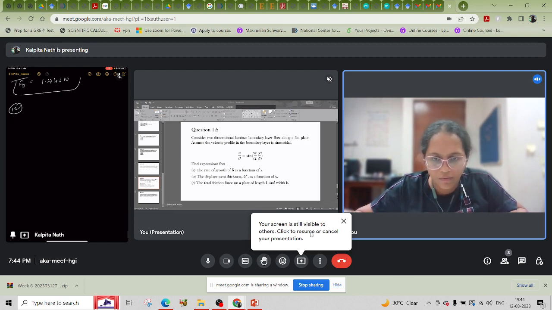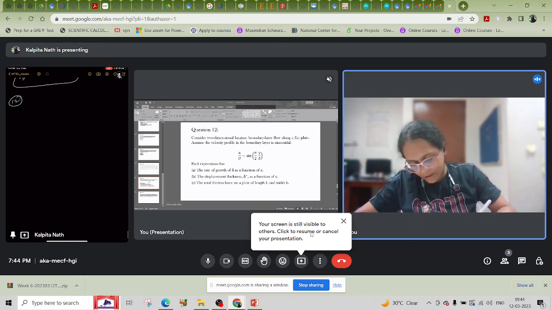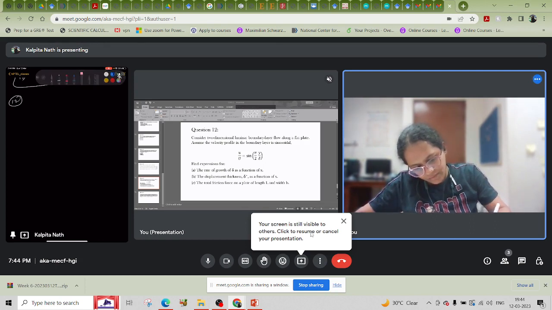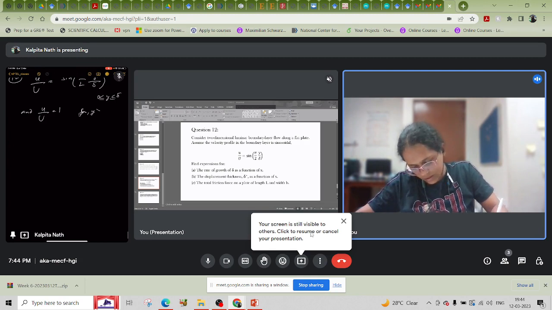We need to find delta by x, delta star by x, and the total friction force on the plate with length L and width B. The velocity profile is small u by capital U is sine pi by 2 y by delta, and u by U is equal to 1 for y greater than delta.